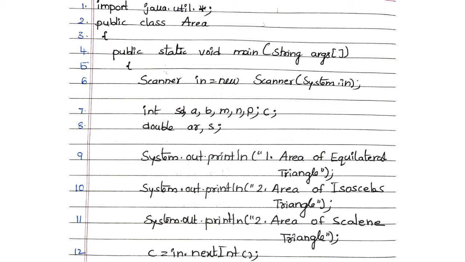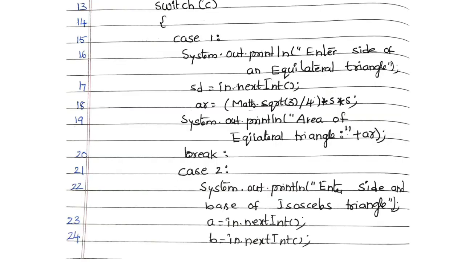Now c is equal to in dot nextInt. In the 12th statement, I am taking the input from the user, that is, any one choice from the menu. Now I have stored the input from the user in the variable c, and I have given that c as the input for the switch statement.